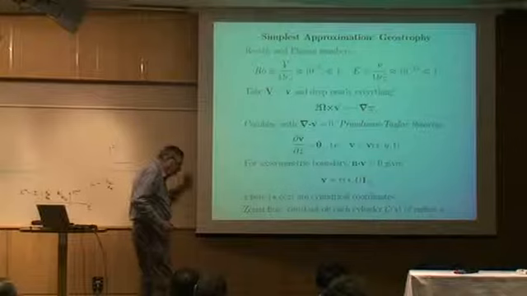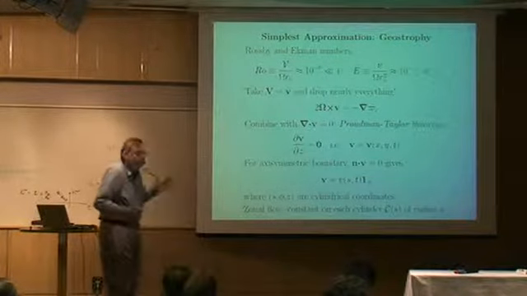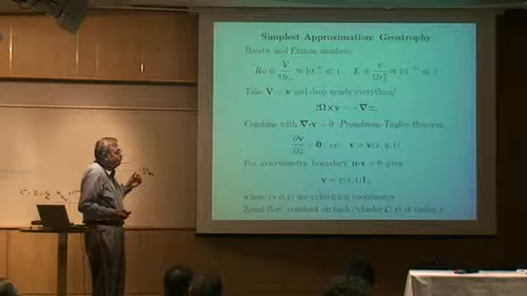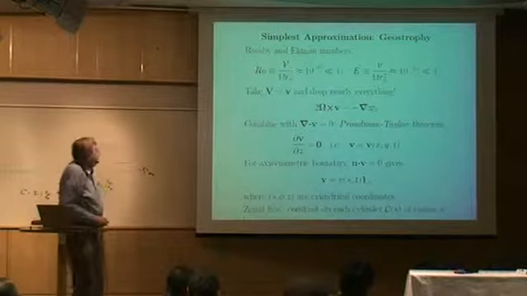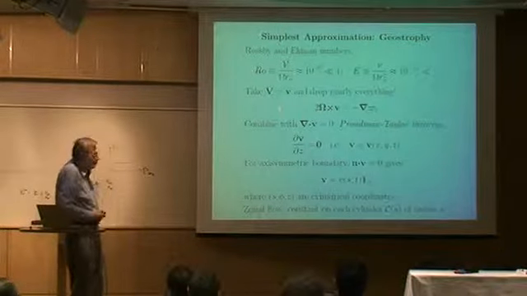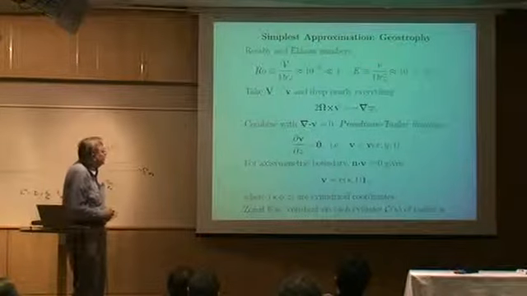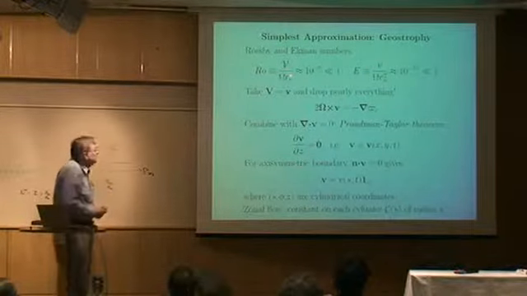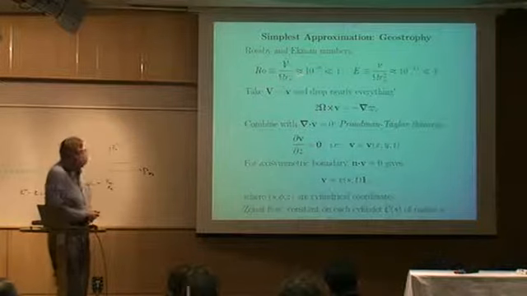Now, this stuff I'm talking to you about now has been known since the time of Moses. It's really very old stuff. The Rossby number is a measure of the inertial forces. It's a typical velocity divided by, well, we've got core radius and angular velocity here.